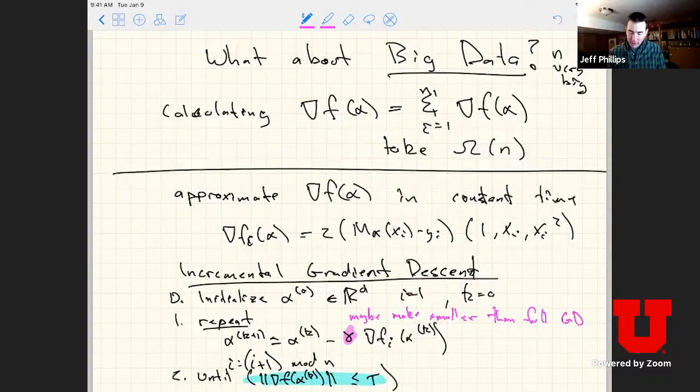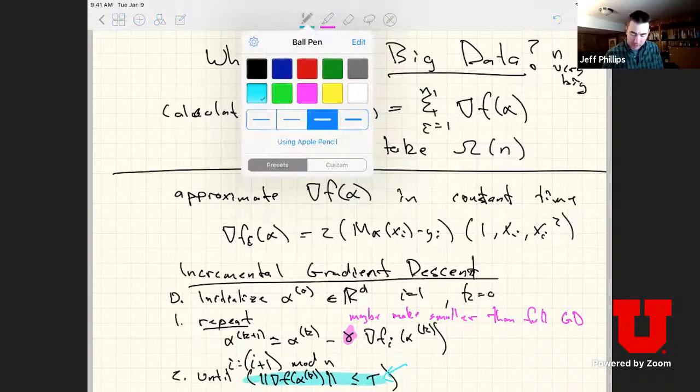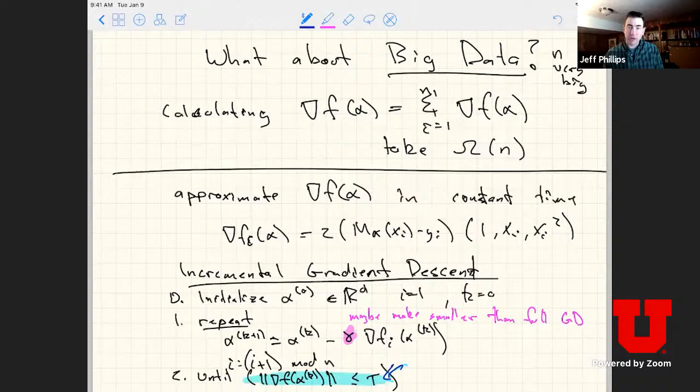The other thing is this convergence check, in dark blue. I might actually have my model hit one of the data points exactly, or be very close to one of the data points, but that doesn't mean I'm done, because remember, the size of the gradient is now going to be proportional to the residual at that data point.